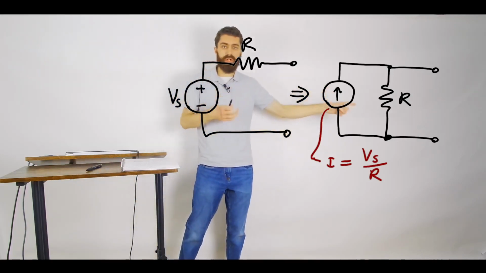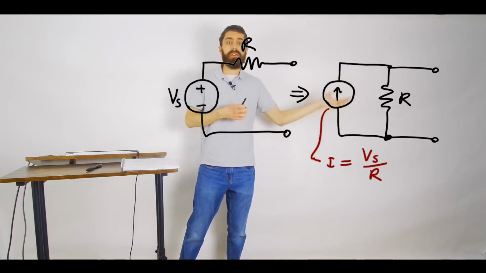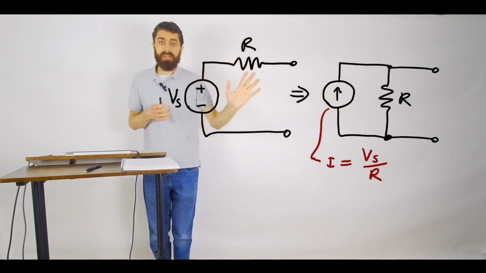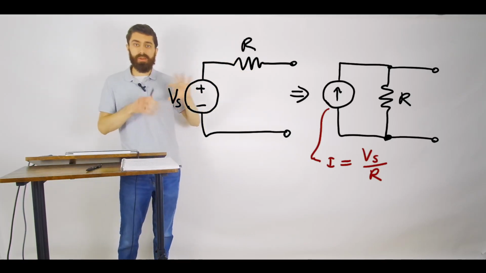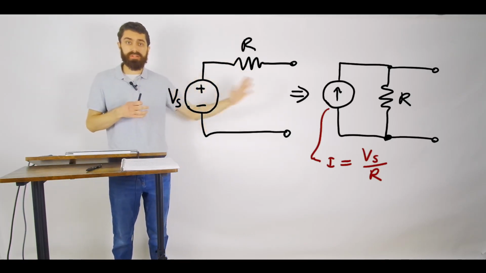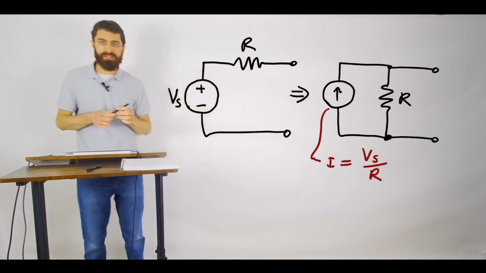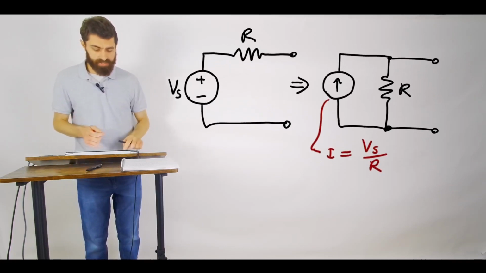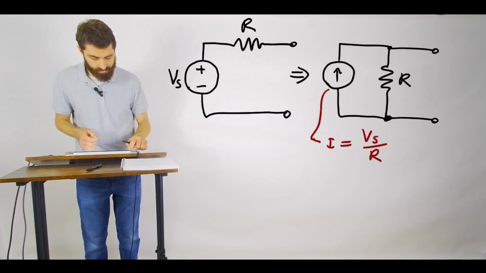If you were solving a circuit and you noticed a current source in parallel with a resistor, you could replace this whole thing with this and then solve your circuit. And I think you will find that in some cases, replacing current sources with voltage sources will make your problem a lot easier. So let's go ahead and do an example so we can see how this works here.